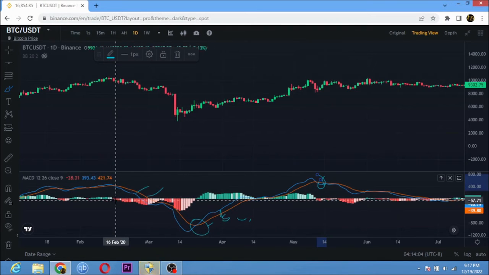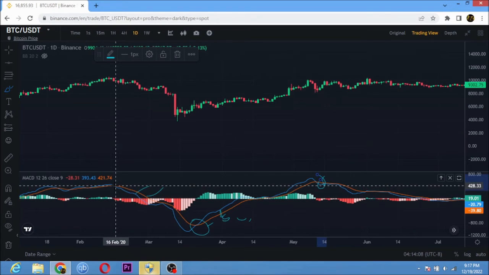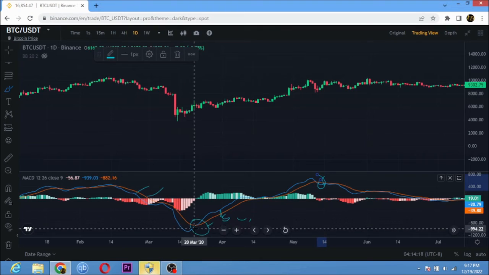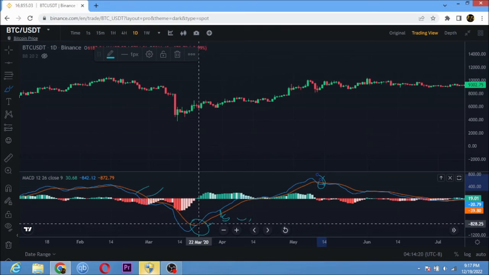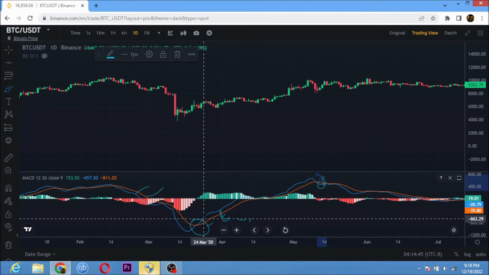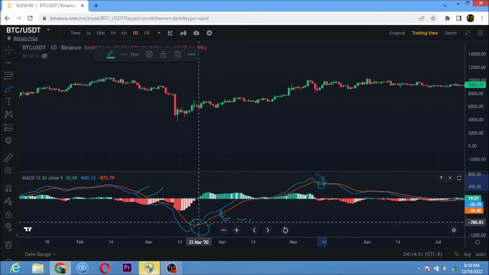So when our histogram started to go red, our lines also crossed from here. And when they crossed up as a buy signal, this one changed to green color and showed a lot of volume. And this much volume means that the buy signal will be strong.